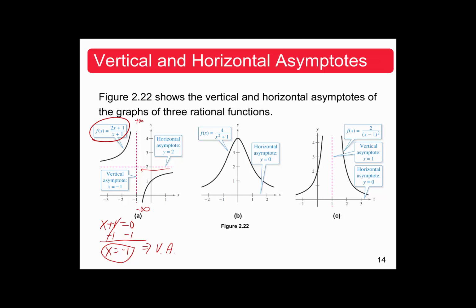For the horizontal asymptote, it's y equals 2, and the way we get to 2 is by just dividing the leading terms. So y equal to, drop the constants, right? Divide the leading terms, you get y equal to 2. And that's why y equal to 2 is the horizontal asymptote.